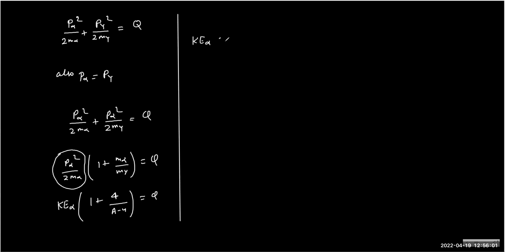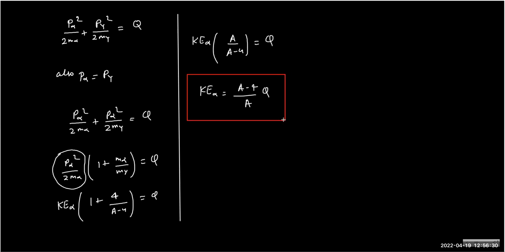So K alpha will be A minus 4 upon A times Q. So you can see that if you know the Q value, I can directly get the kinetic energy of the alpha particle, and this is something which you need to remember from the examination point of view.